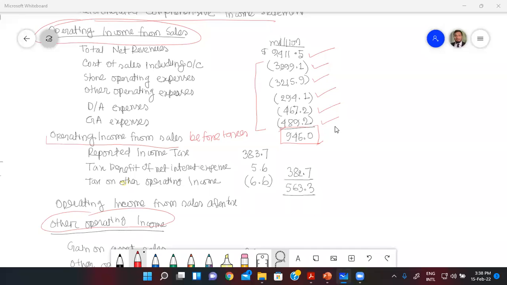No confusion, thanks. So we can proceed. So here, reported income tax is directly from the statement of earnings. You see the income taxes, 383,726, on page number 329.